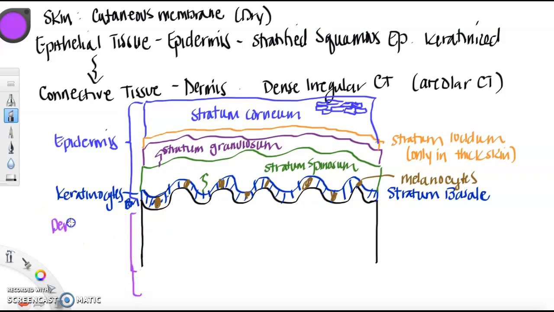There are two layers of the dermis. The first layer here is loose connective tissue, areolar connective tissue, and that's called the papillary layer.